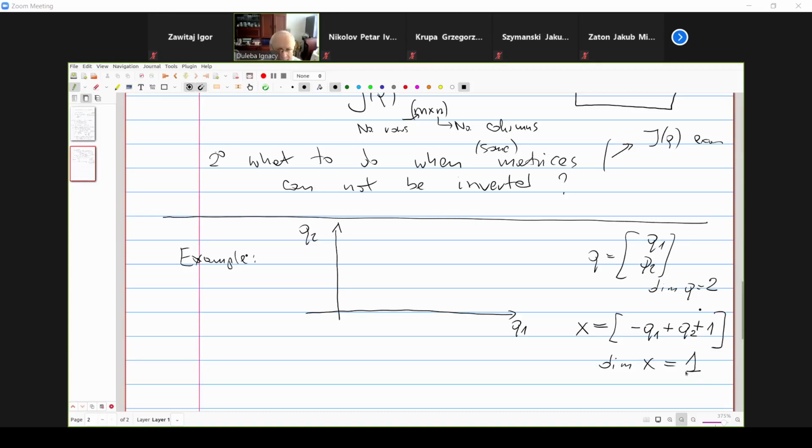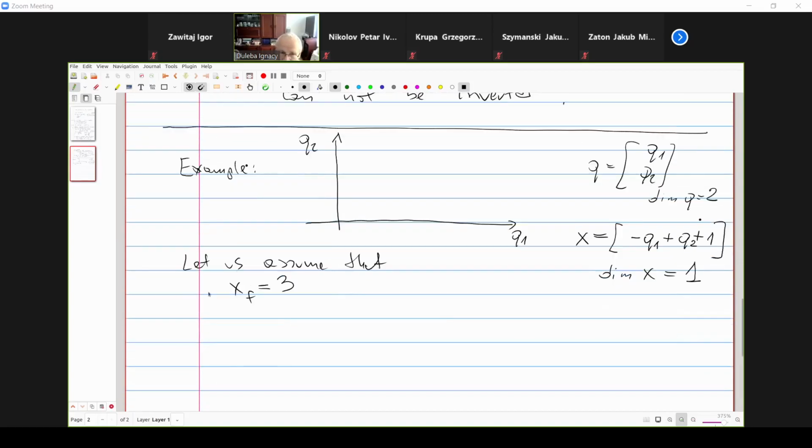Okay. And let's try to solve the following task, the inverse task. Let us assume that xf, so the goal point using this kinematics, is equal to, let's say, 3, for example. So we have the following. Based on that, we conclude that 3 equals minus Q1 plus Q2 plus 1.